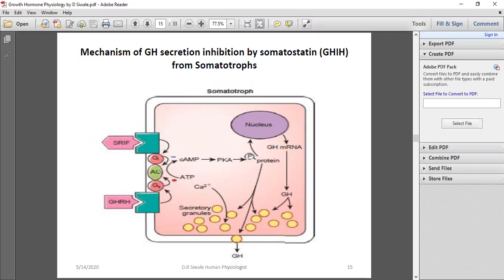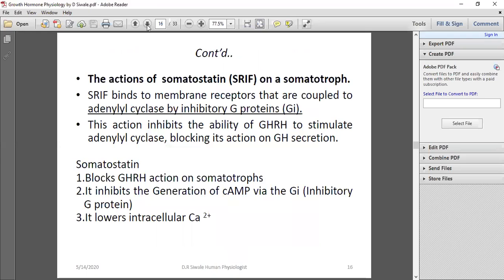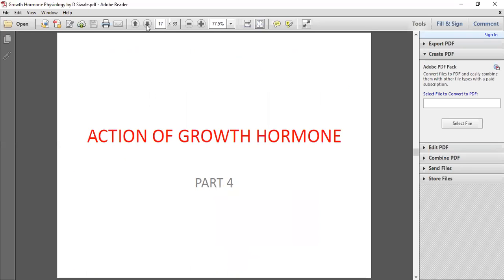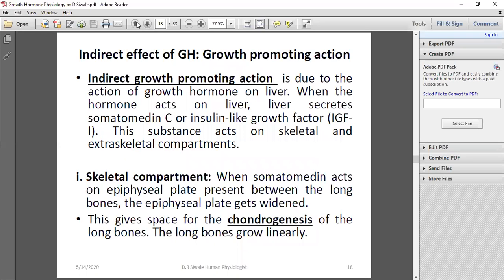We'll learn much of that in pharmacology. So that would be the best drug of choice. These are also the notes showing the mechanism by which somatostatin inhibits somatotropes. Action of growth hormone. Any questions? We are almost there. There are just a few things remaining.